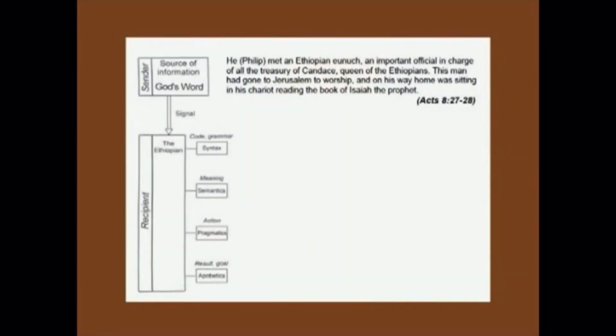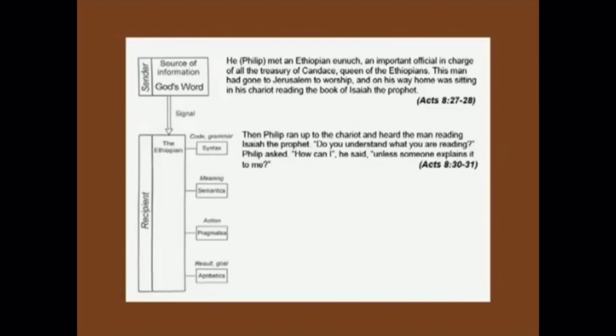The Ethiopian came to Jerusalem and wanted to find God. But he didn't find God in Jerusalem. But he bought a scroll of the Bible. And then when he was traveling home, and he was in the desert, you see the situation is written here in Acts 8, verse 30 to 31.